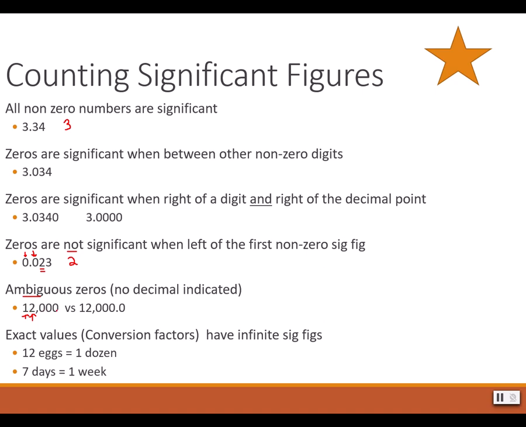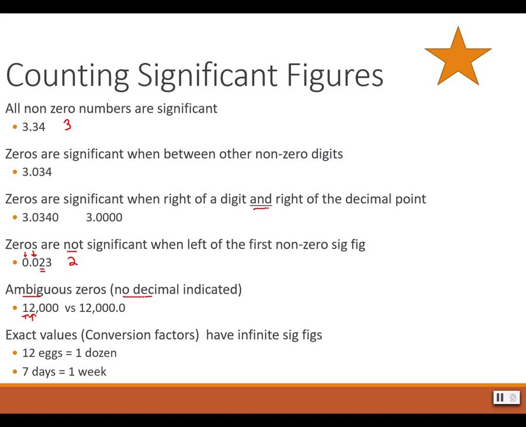I have these 3 zeros here, but there's no decimal point. And I only know that zeros are significant when to the right of a digit and to the right of a decimal point. This first number, 12,000, has no decimal.